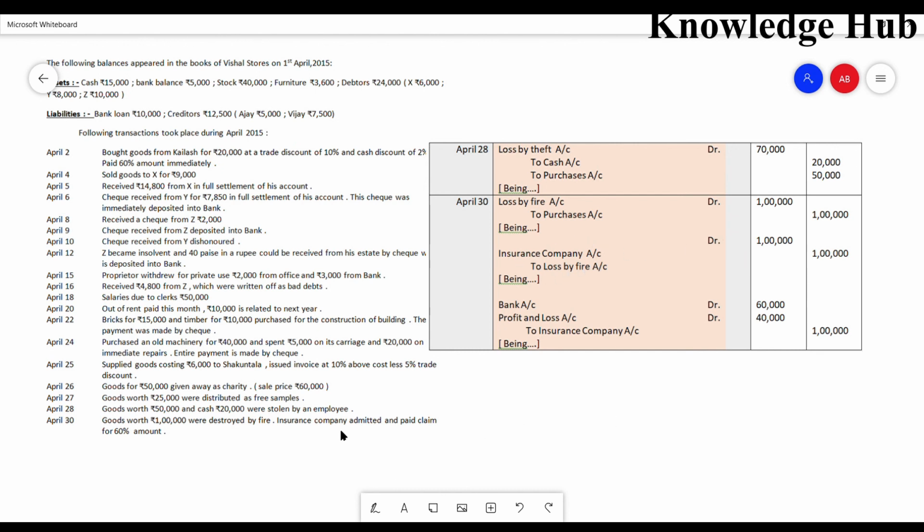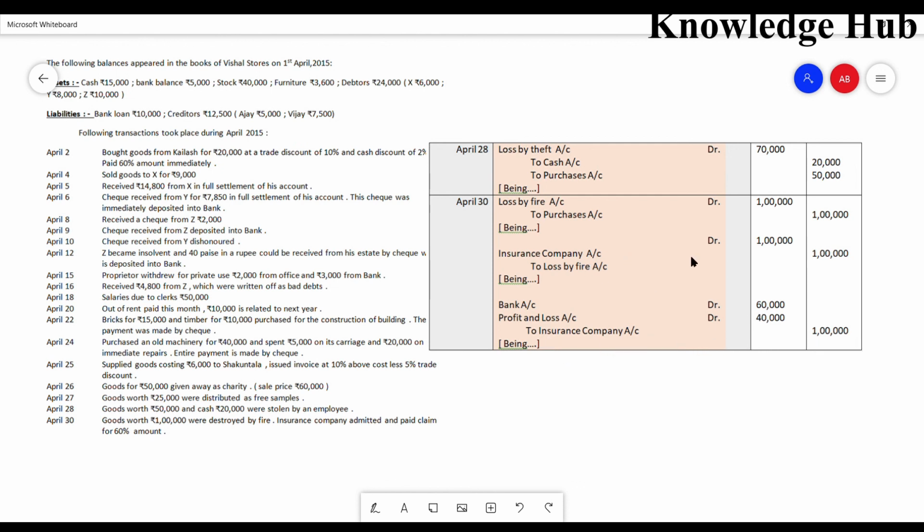And lastly, it said that the insurance company paid claim for 60% amount. So the insurance company which we had debited for 1 lakh did not pay us the full amount. They have paid us only 60%. So now on receiving 60% of the amount, I have debited my bank account with 60,000 and profit and loss account, which the company did not accept the claim, that is for 40,000, to insurance company account for 1 lakh.